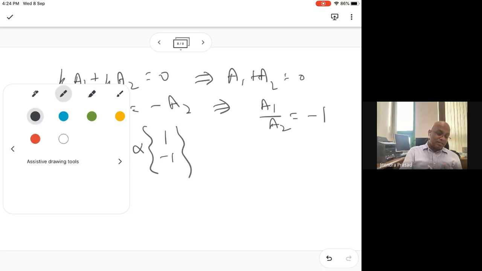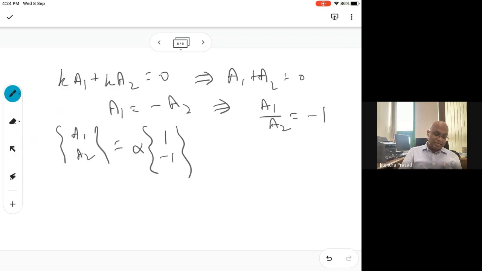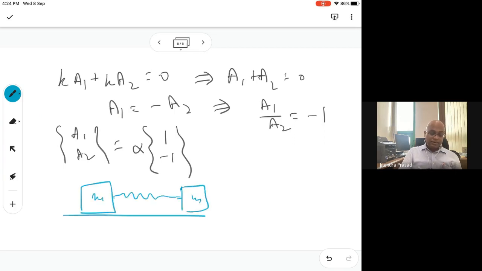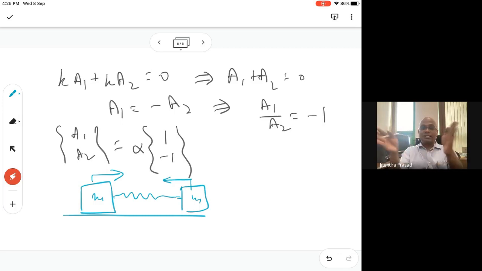There is a physical significance, and it is like this. You have a mass here, and this moves this way, this moves this way, right? This is the positive direction. This mode shape is like both the masses coming together, going away, coming together, going away, like this kind of motion.